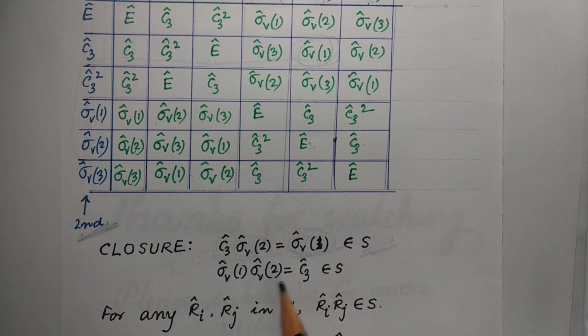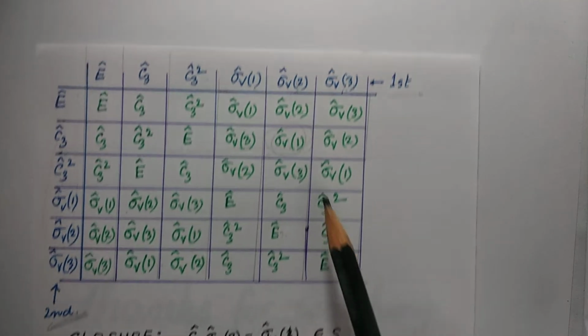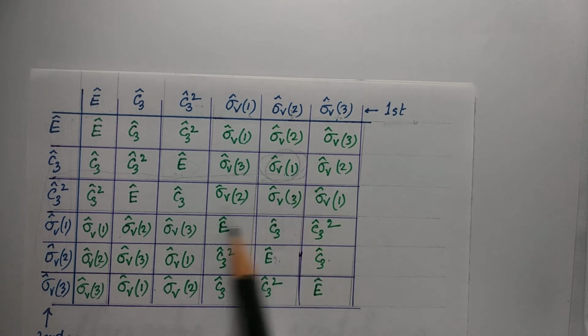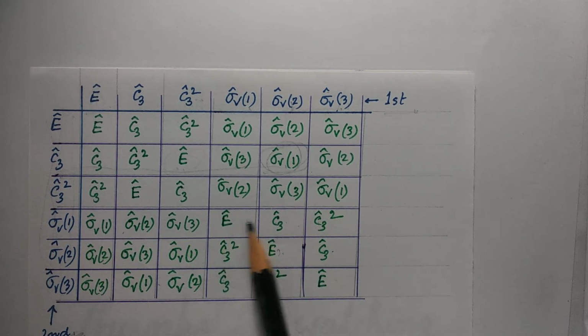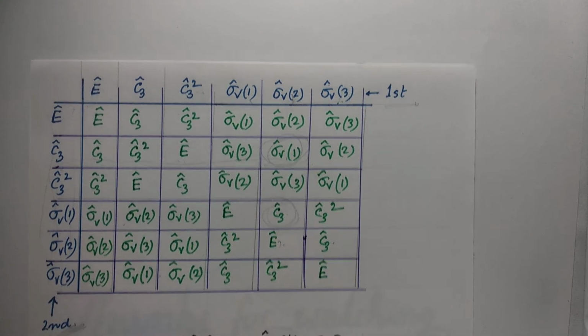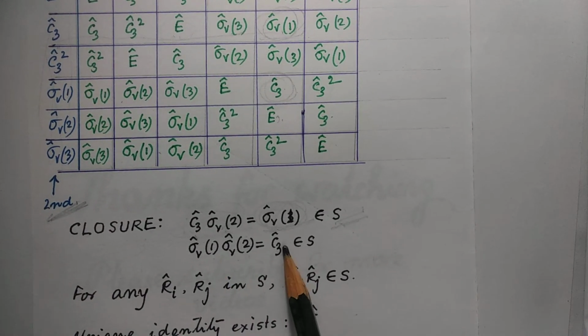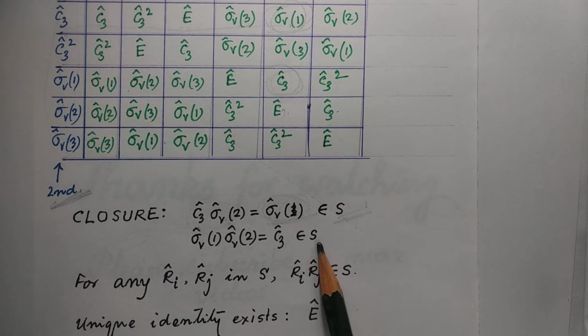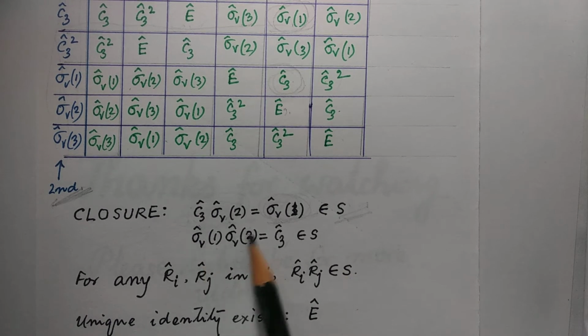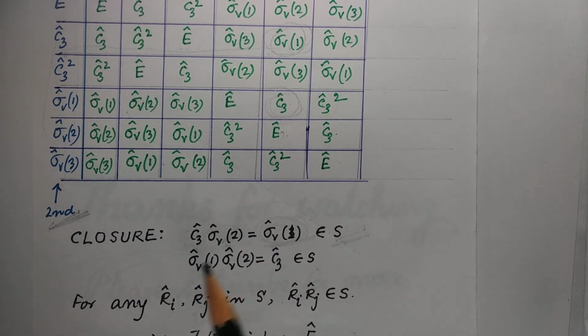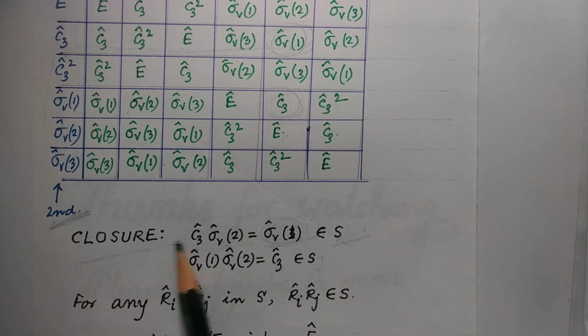Similarly, sigma V2 first, then sigma V1 will give you C3. This C3 also belongs to S. Therefore, the product of any two symmetry operators is also a symmetry operator which belongs to the set S. So, the set is closed.